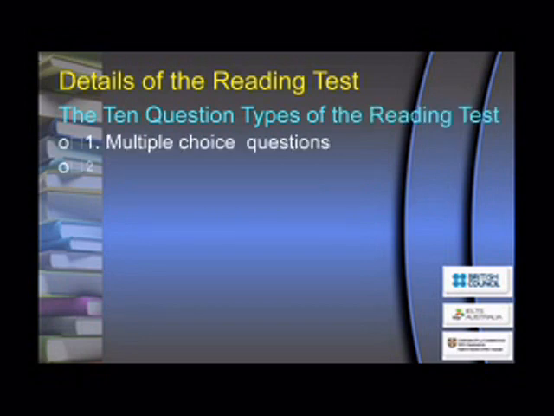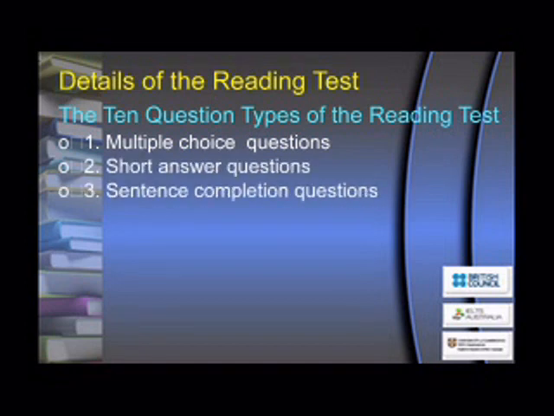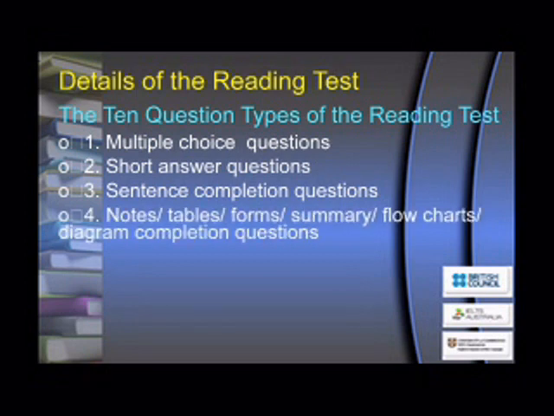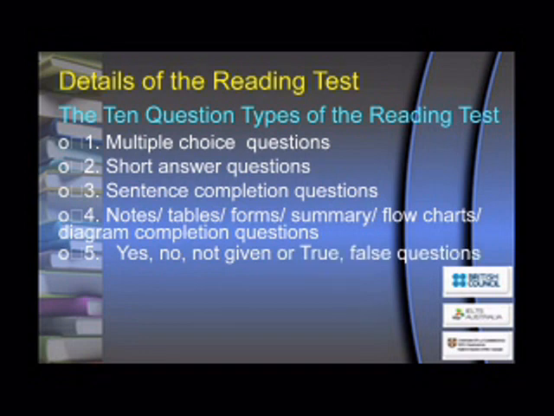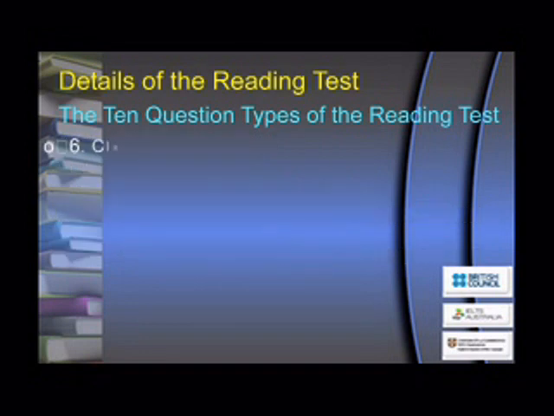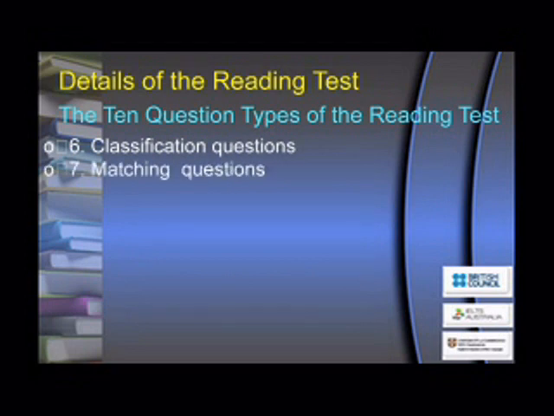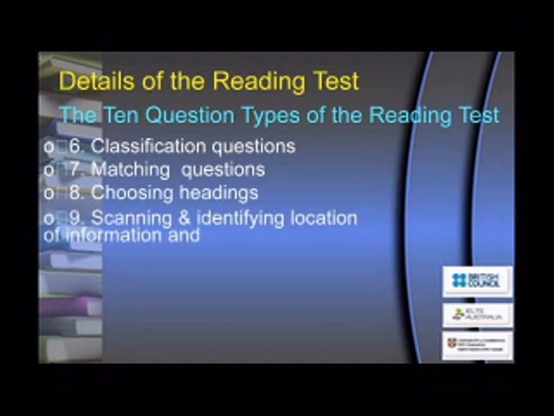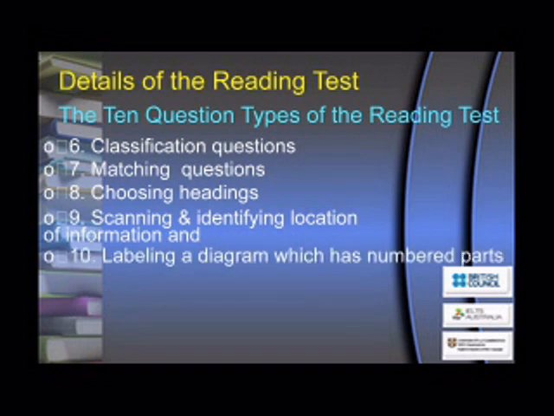Multiple choice questions, short answer questions, sentence completion questions, notes, tables, forms, summary, flowcharts, diagram completion questions, yes, no, not given or true or false questions, classification questions, matching questions, choosing headings, scanning and identifying location of information, and labeling a diagram which has numbered parts.